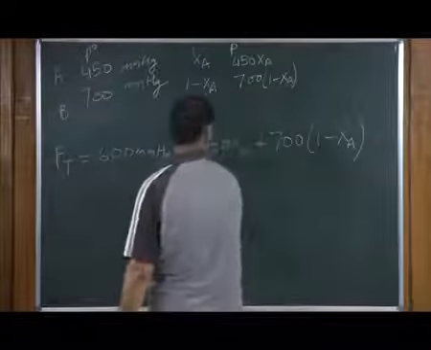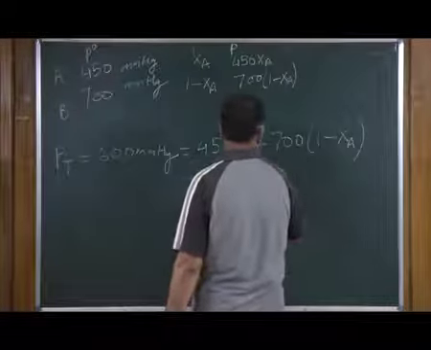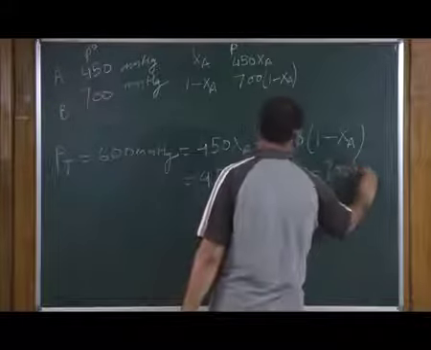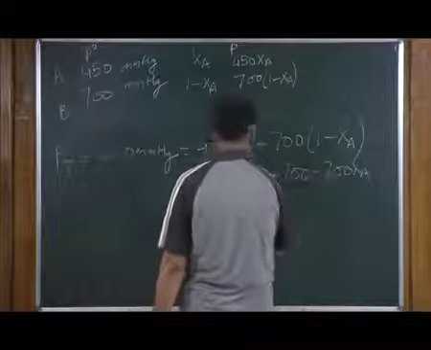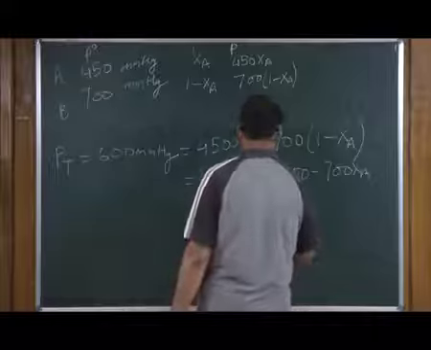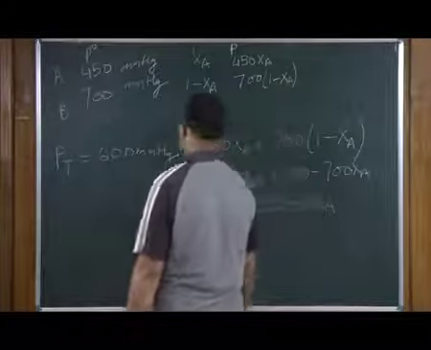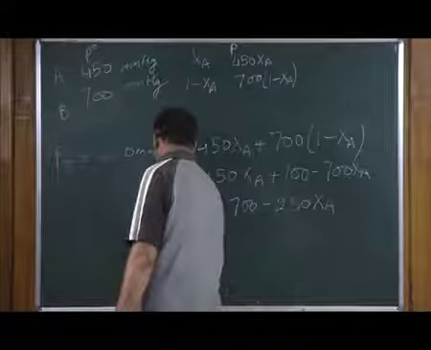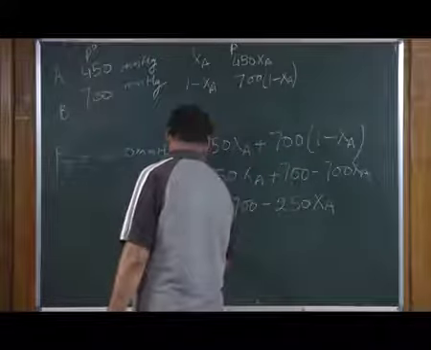What will we get? 450 X A plus 700 minus 700 X A. So, that is 700 minus 250 X A. Bringing to the other side, dividing by 250, I am going to get X A equal to 100 divided by 250.